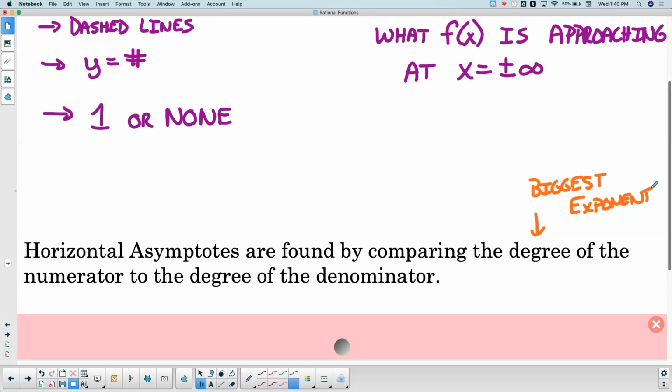Side note, what's the degree of just a number? So like 7. What's the degree of 7? No. What's the degree of 7? Nothing. Why?